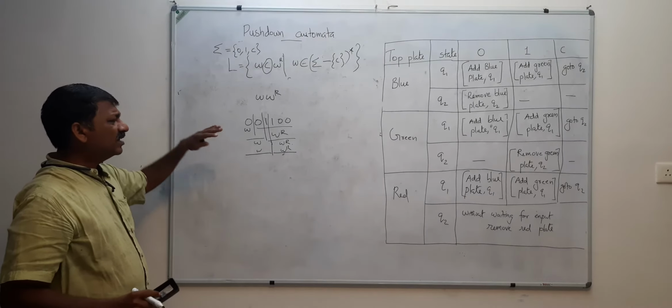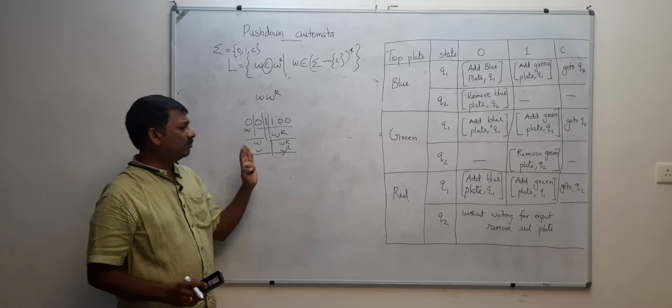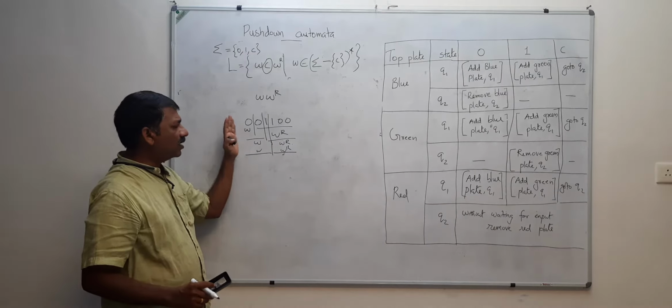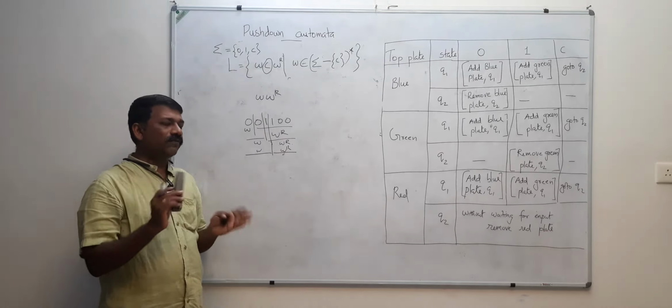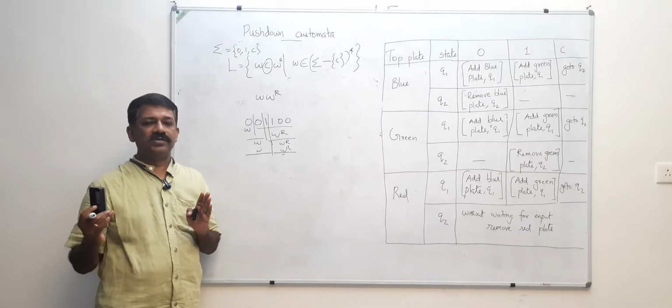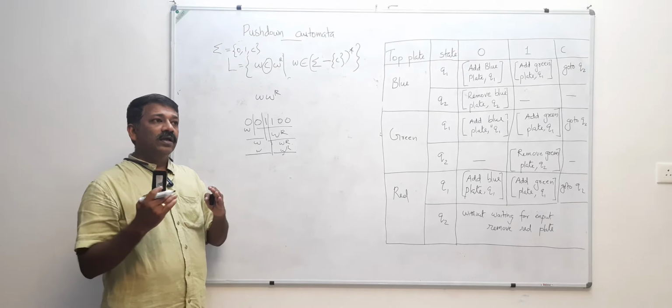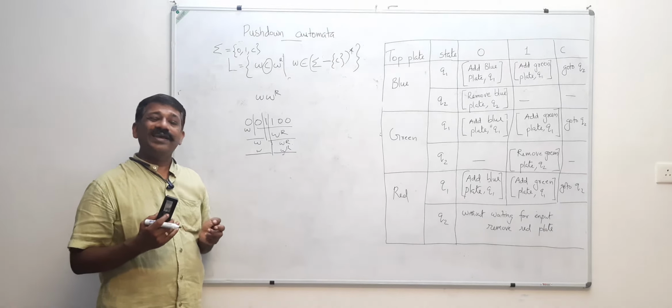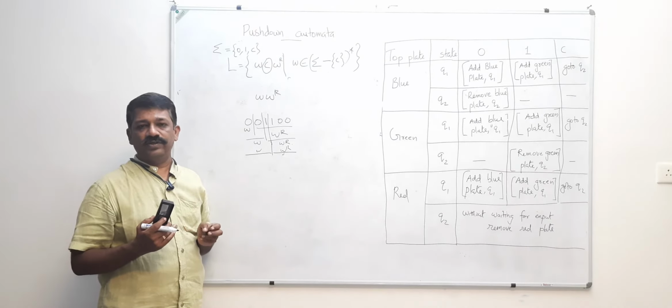That means there is no mechanism for checking the middle or finding out where W ends and where W raised to R starts. So for that, we are going to design a non-deterministic automaton for this.